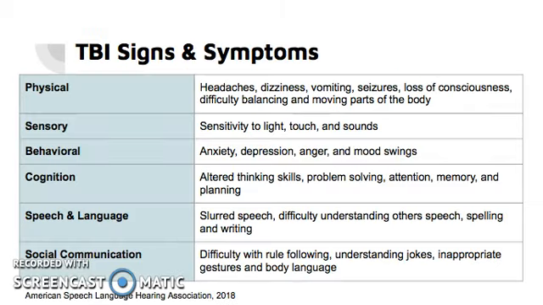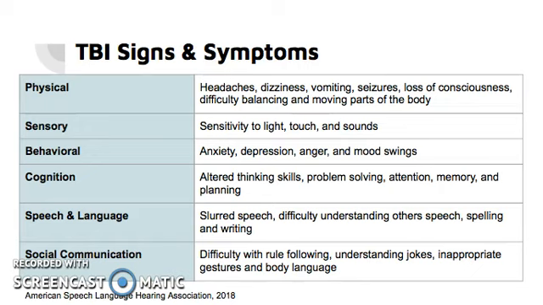After receiving a traumatic brain injury, the brain often has complications due to damage. Some of these signs and symptoms include physical problems such as headaches, dizziness, vomiting, seizures, loss of consciousness, etc. Sensory problems, such as increased sensitivity to light, touch, and sounds. Behavioral changes, such as anxiety, depression, anger, and mood swings.